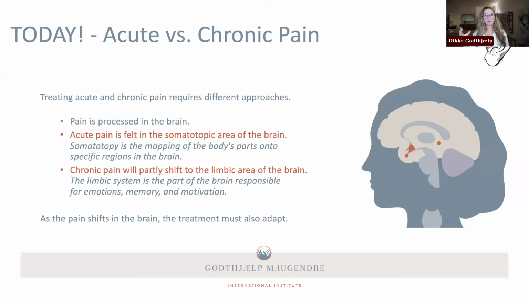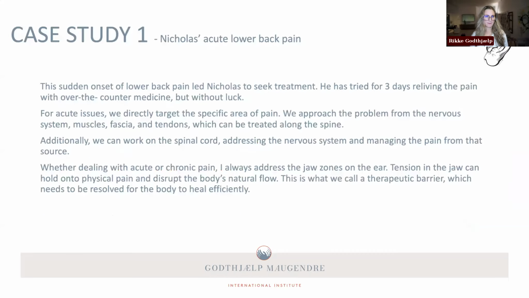So it will be in another area. It will not be in hypothalamus, it will go around in the limbic area. So it will be represented differently. And this is why we have to treat a chronic and an acute pain differently. Yeah. All right.